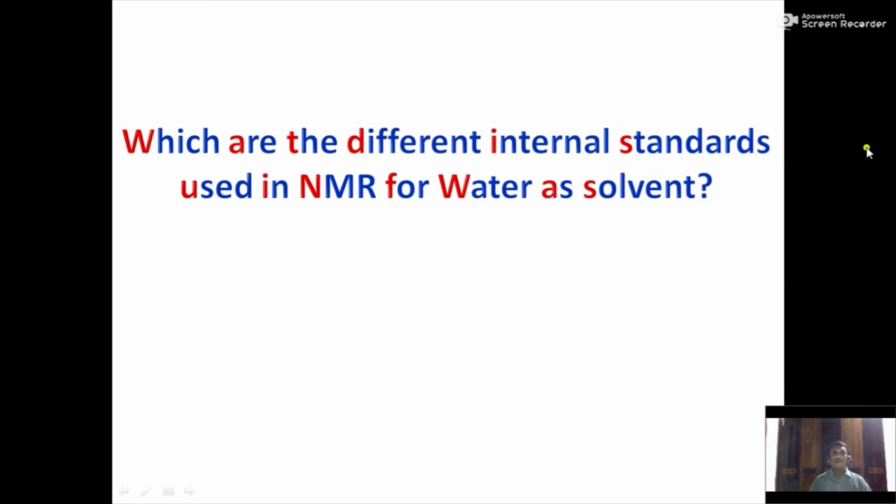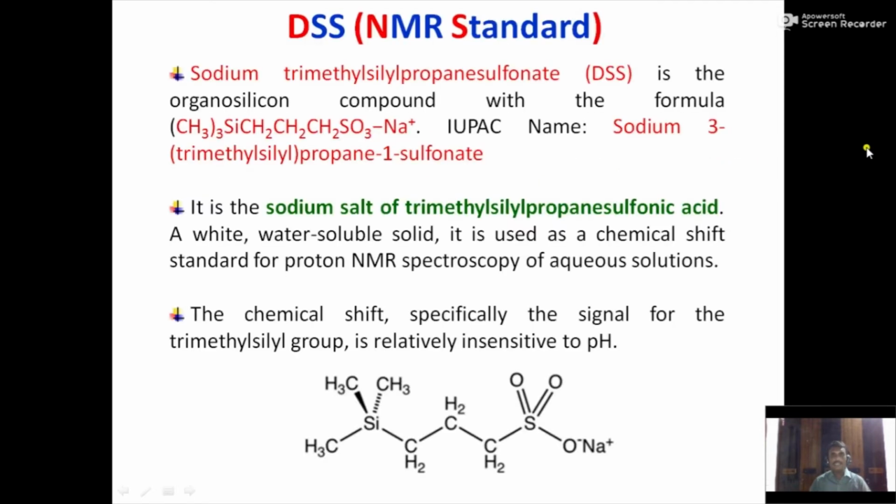Now, what about the different internal standards used in NMR when you are using water as a solvent? DSS and DSA are the examples. So, what is DSS? That we will see. DSS is sodium trimethylsilylpropane sulfonate, an organosilicon compound with the formula depicted here.